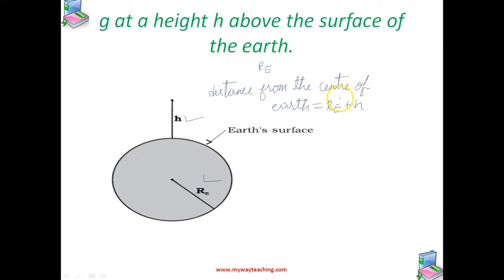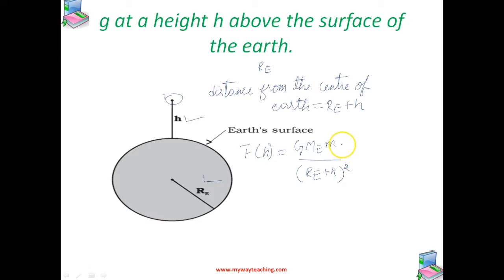If f of h denotes the magnitude of the force on this point mass m, which is located at the height h, then we can write f of h as g me m, the mass of the earth and the mass of that small particle, divided by re plus h whole square.